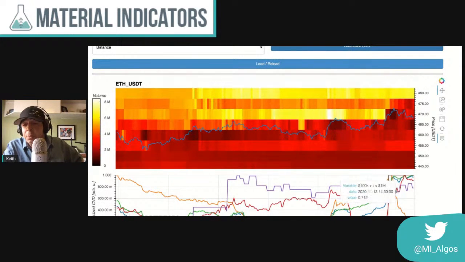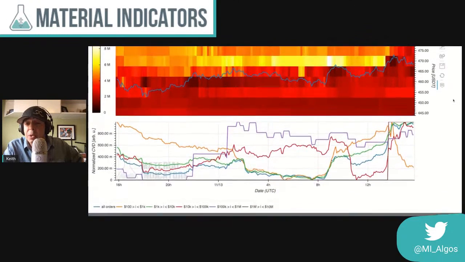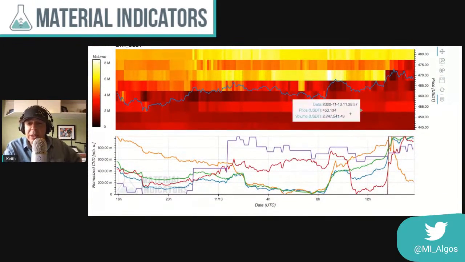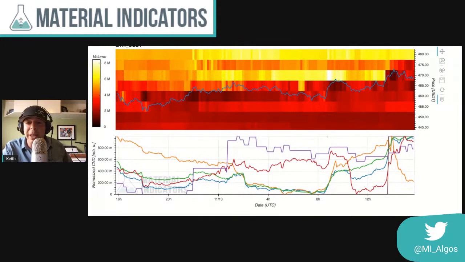So what you can see here, and let me get down to the tool a little bit. Let's try and identify who's really driving the book. Okay, it's easy to say, okay, the mega whales are doing it. Look, we had a mega whale buy here, at about, let's see, 135, and at the same time we saw price start to move up.